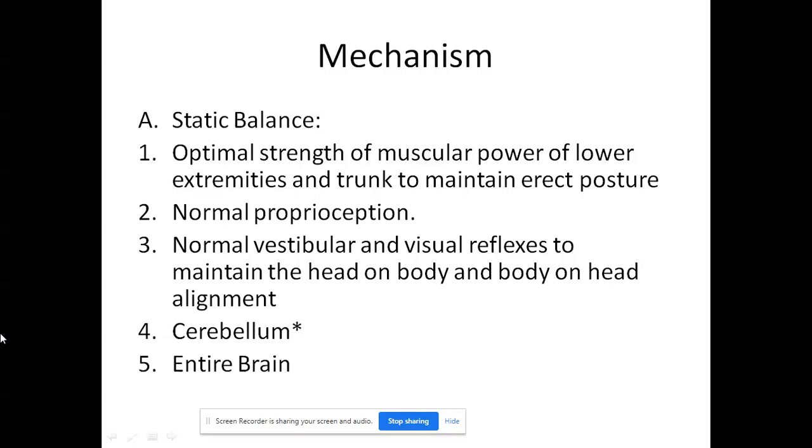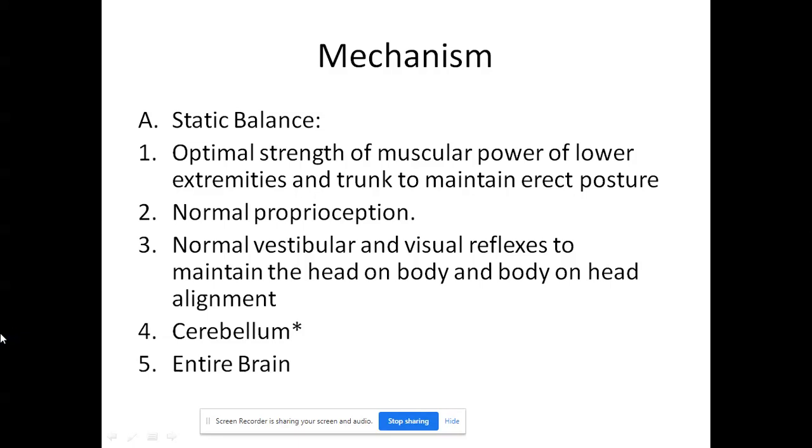As I've already discussed in the last video, the first part of balance, proprioception for static balance maintenance is very importantly provided by your joint position sensors, and partly provided by muscle proprioceptors.